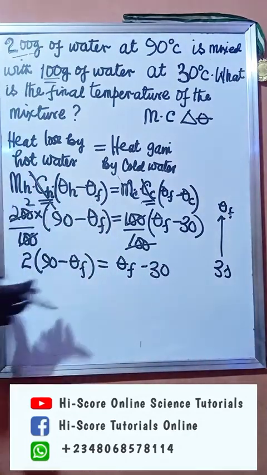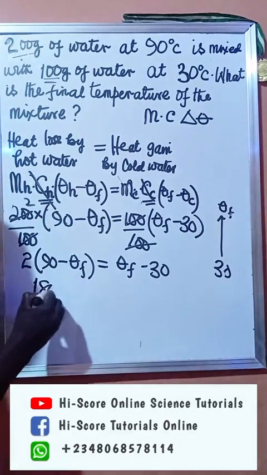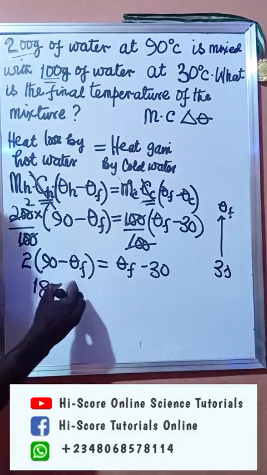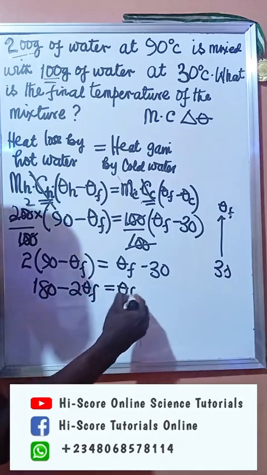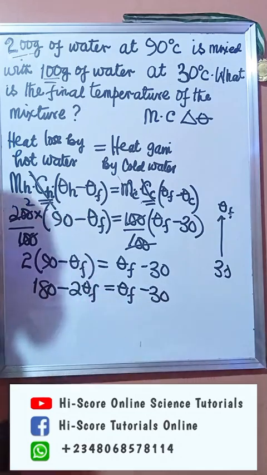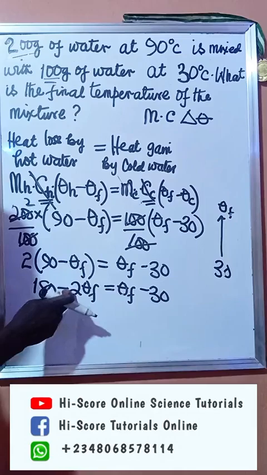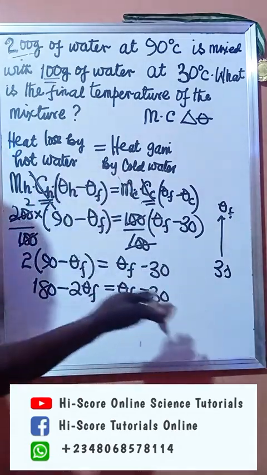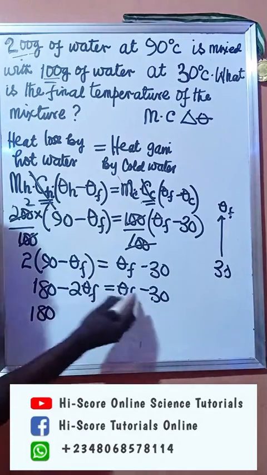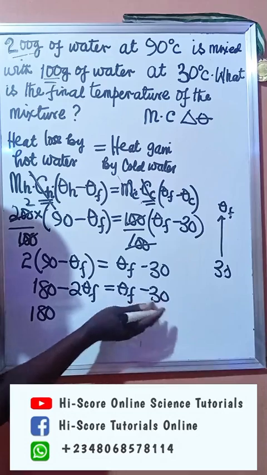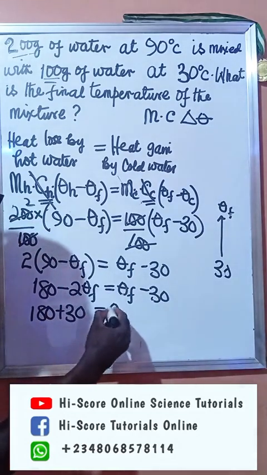Next, what we do now is to open brackets and collect like terms. 2 times 90 is 180, minus 2 times theta f is 2 theta f, equals theta final minus 30. To collect like terms now, we can bring this to this side or bring this to this side or vice versa. So let's do it this way. This is 180 here. 30 crossing is minus, it becomes plus 30, equals theta final.